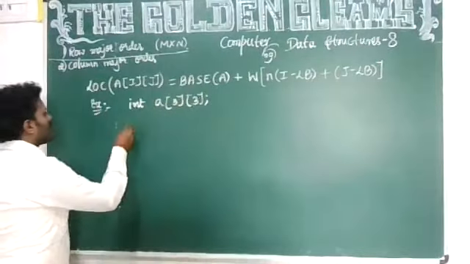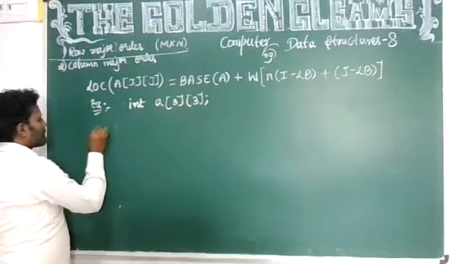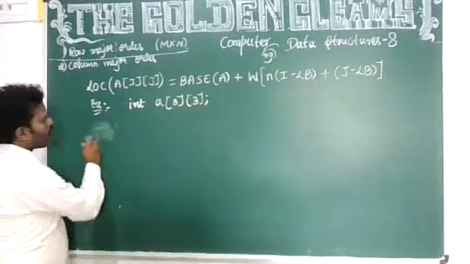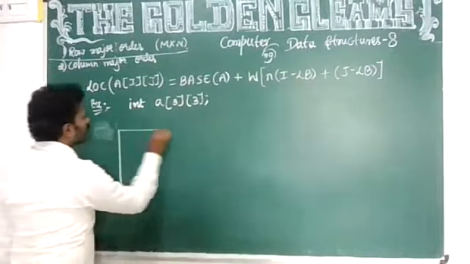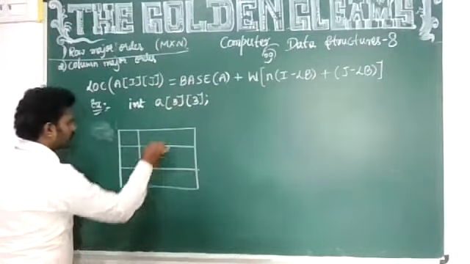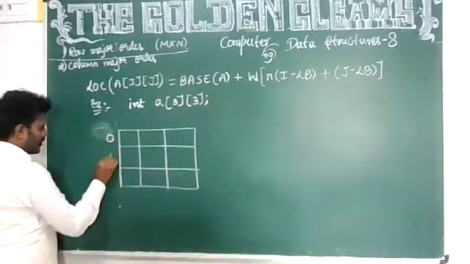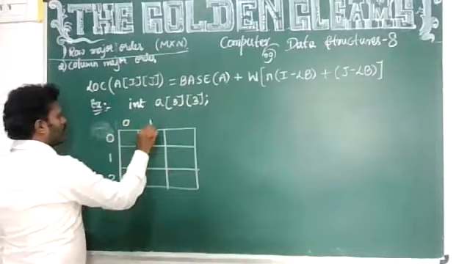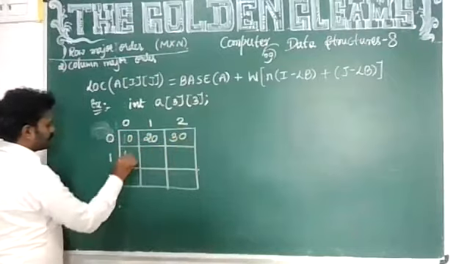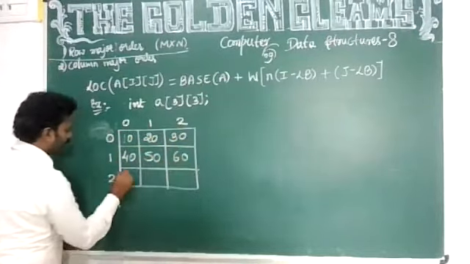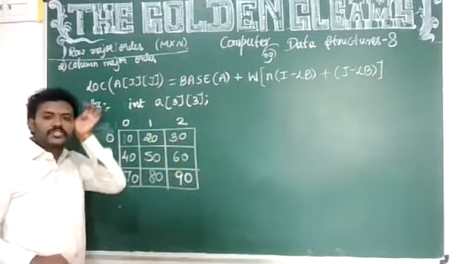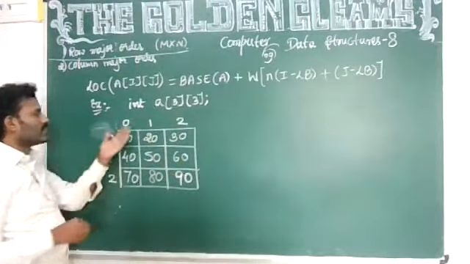The indexes are 0, 1, 2 and 0, 1, 2, and the elements are 10, 20, 30, 40, 50, 60, 70, 80 and 90, stored in the locations 0, 1, 2.